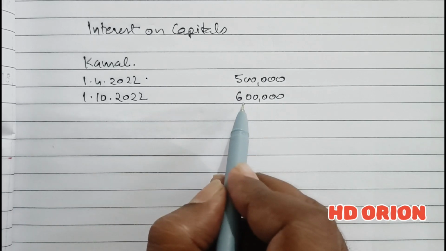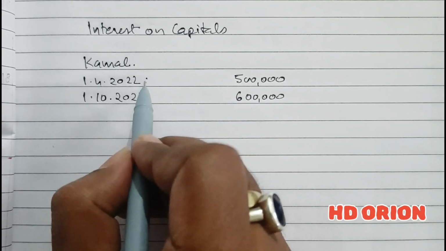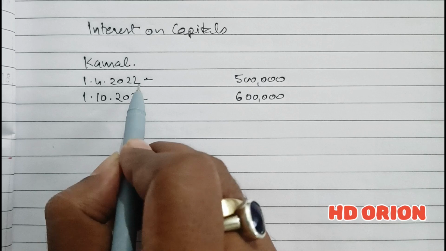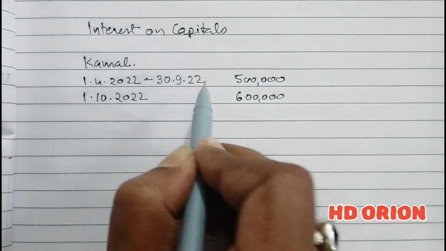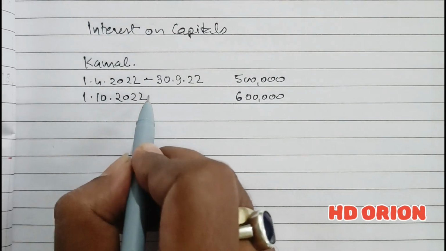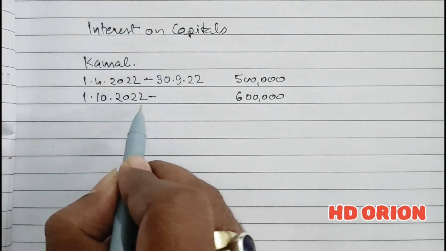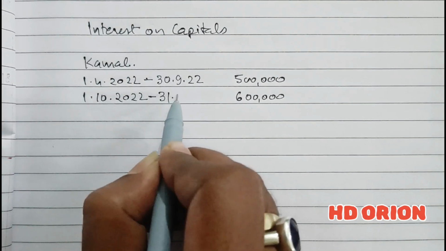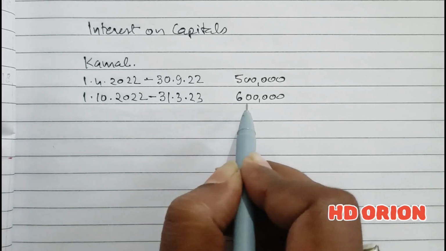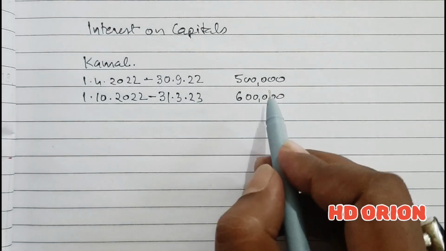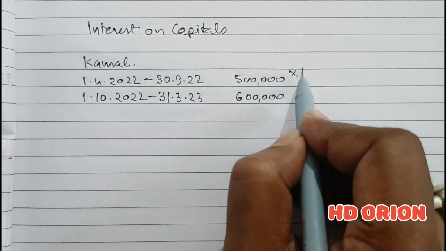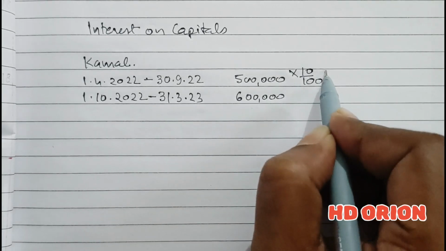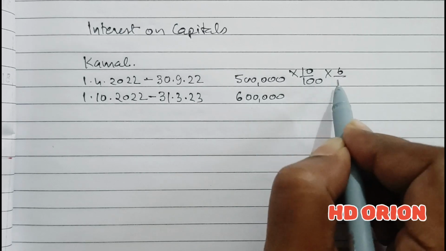There was a change in capital, and therefore this 5 lakh remained in the business till 30th September 22. And from 1st of October 22 till 31st of March 2023, the capital was 6 lakh. So for different amounts of capital, we have to calculate interest at the recommended rate of 10%.